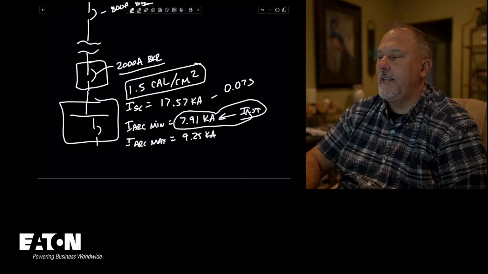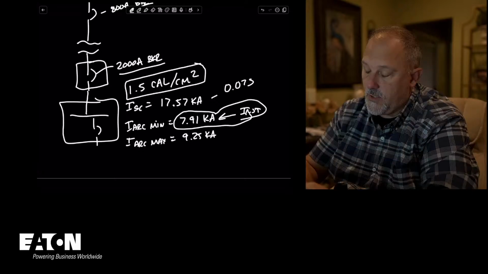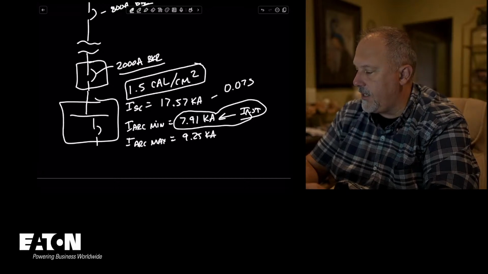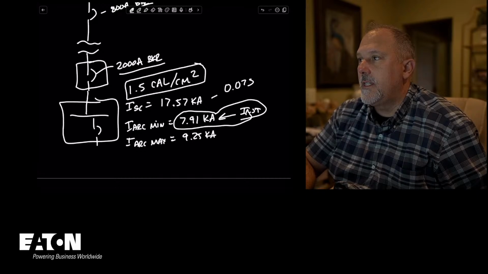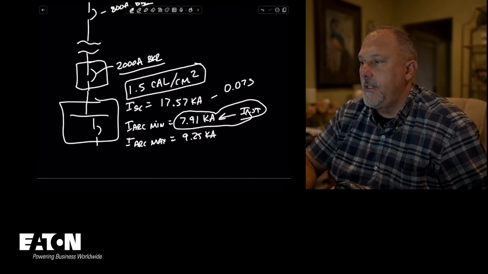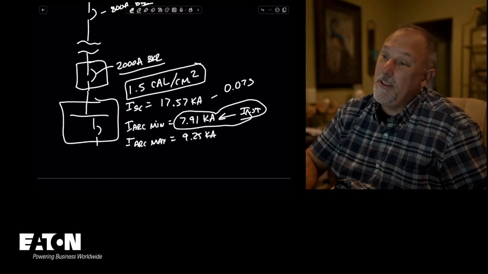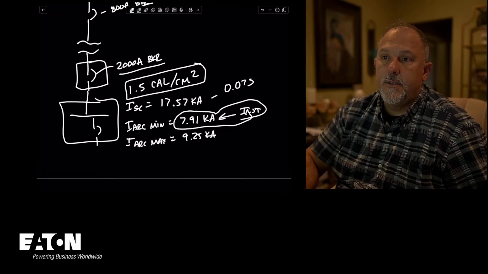If I did 1200 amps, 6 times, that's 7200. So that would work. So this would be 6 times, 7200. That would give me a 0.03 clearing time.